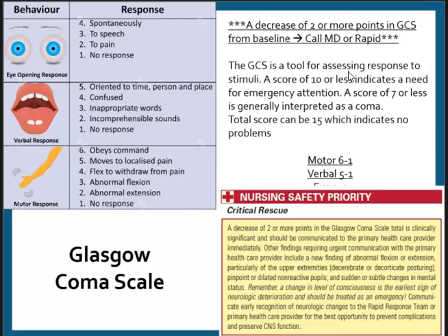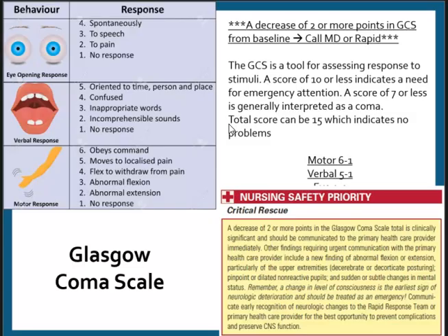Doesn't happen in big amounts, hopefully. However, if it is a serious injury, you're going to have that initial injury, and then you could also have a secondary injury from that oxidative stress. More tissue is going to die off. So that's why we say a decrease of 2 or more points in your Glasgow Coma Scale means that there's more damage occurring, and it is not something to mess with. We can't come back from that.